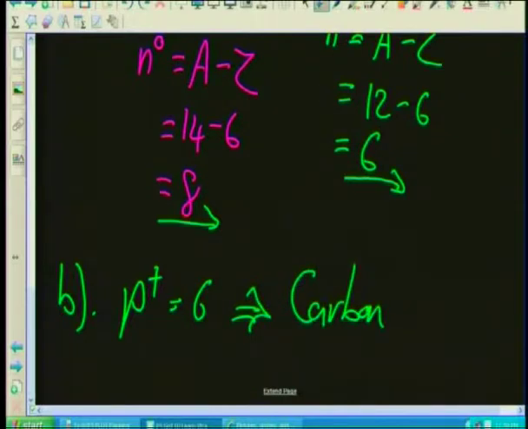Although all carbon atoms have 6 protons, they can have different masses. Very important. Let me say it again. All of the atoms in carbon have the same number of protons. It's the number of protons that gives carbon its particular characteristic. But they can have different masses.